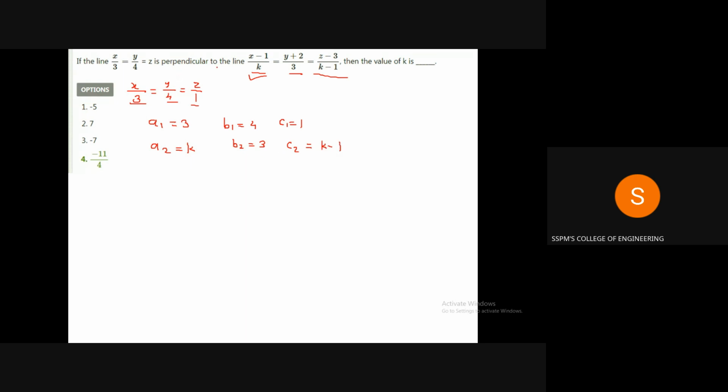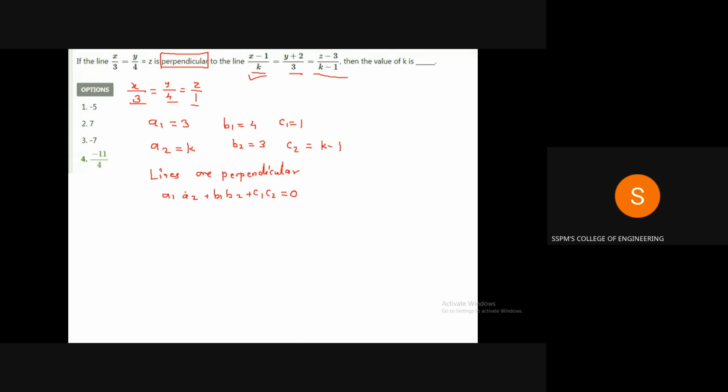What is given? The lines are perpendicular. So as the lines are perpendicular, the formula is what? a1 a2 plus b1 b2 plus c1 c2 is equal to 0. When the lines are perpendicular, the angle is 90 degrees.